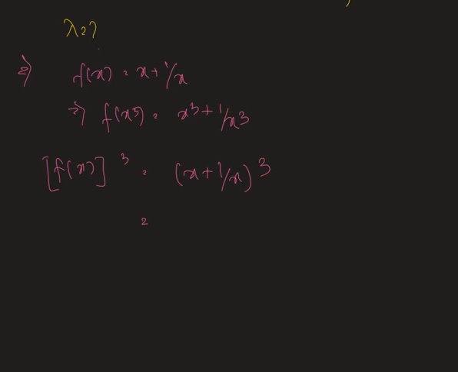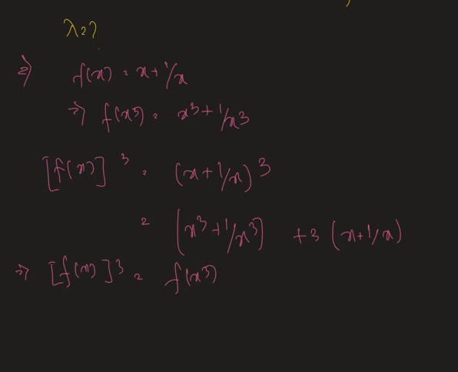Okay, and we know that the formula of (a plus b) whole cube can be written as x cube plus 1 by x cube plus 3 into (x plus 1 by x). We can write it as f(x cube) plus 3 into f(x). Therefore the value of lambda is equal to 3.